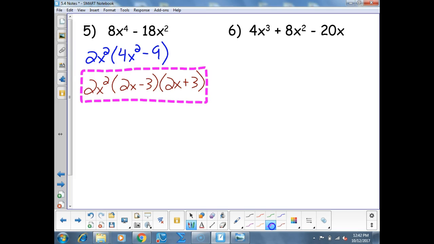Okay. GCF in the sixth one. 4x. What's left over? X squared plus 2x minus 5.